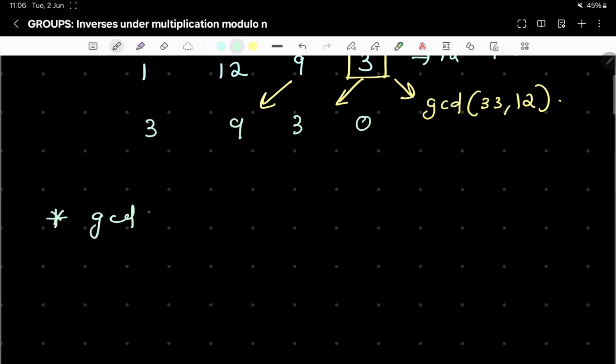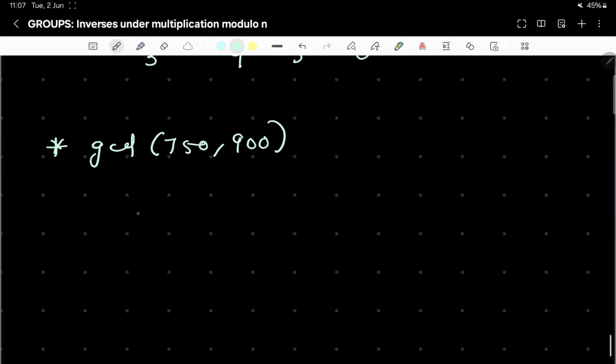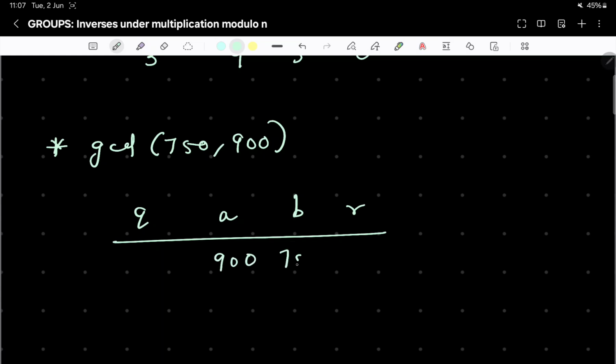What is the GCD of 750 and 900? So write the table Q, A, B, R. What is A? The bigger one you take, 900. This is 750. What is the remainder? If you divide by 750, you get 150.